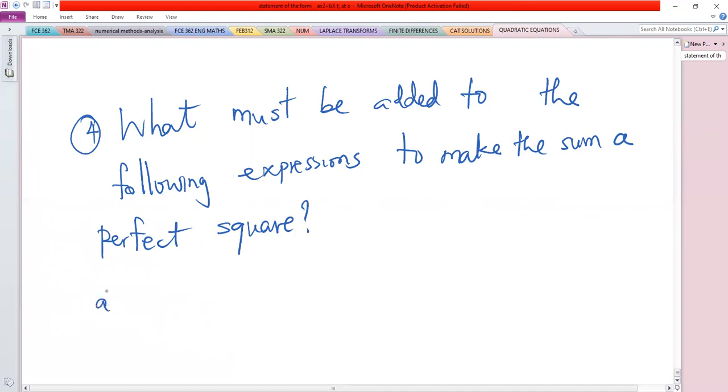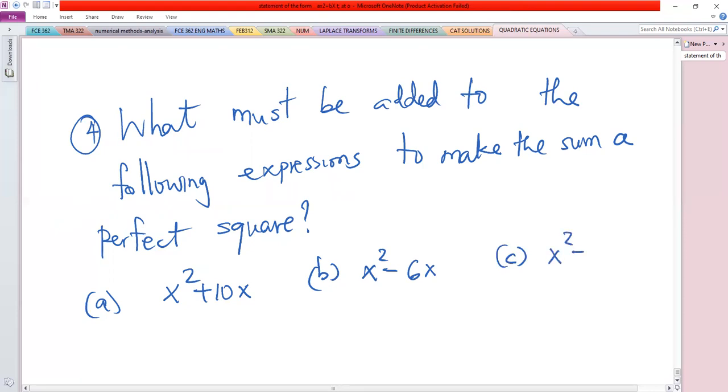So A, we have x squared plus 10x. B, x squared minus 6x. And C is x squared plus 3x.